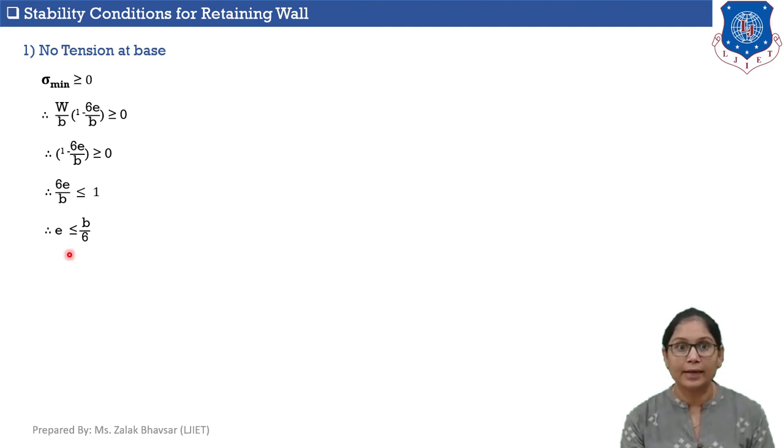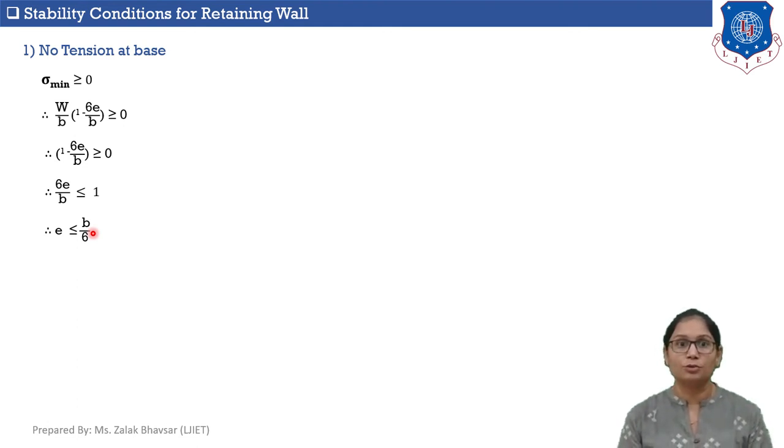So we can say that eccentricity E should be less than or equal to B by 6, where B is the bottom width of the wall and E is eccentricity. So for maintaining no tension at the base of the wall, eccentricity should be less than or equal to the bottom width of the wall by 6. This is also known as the middle third rule.